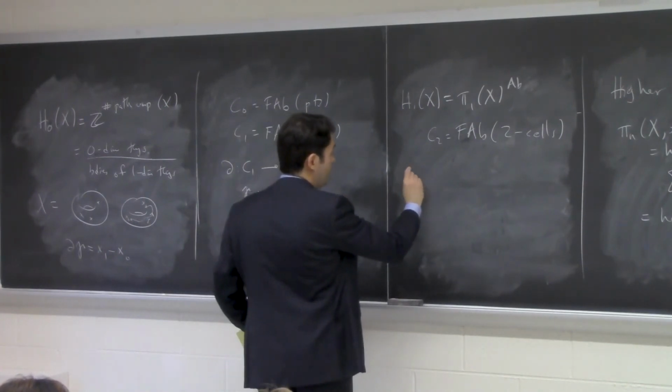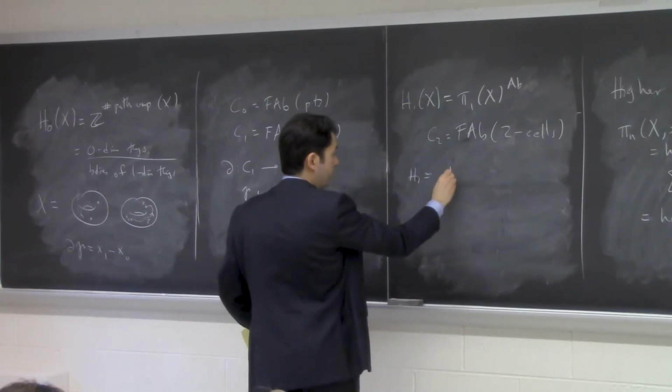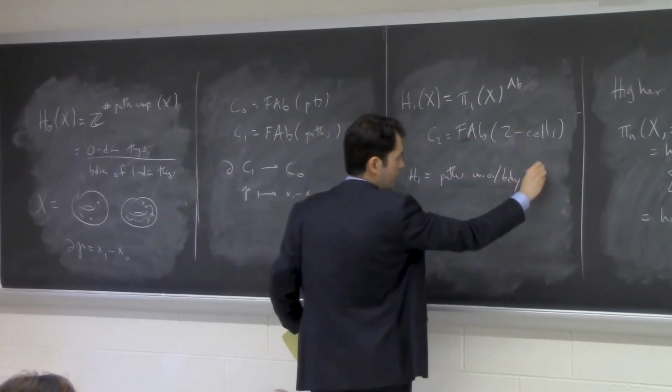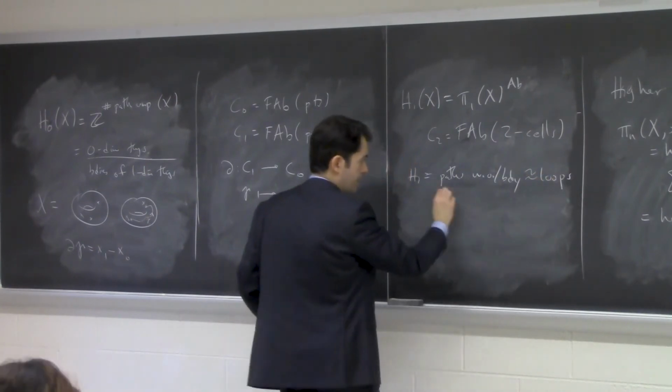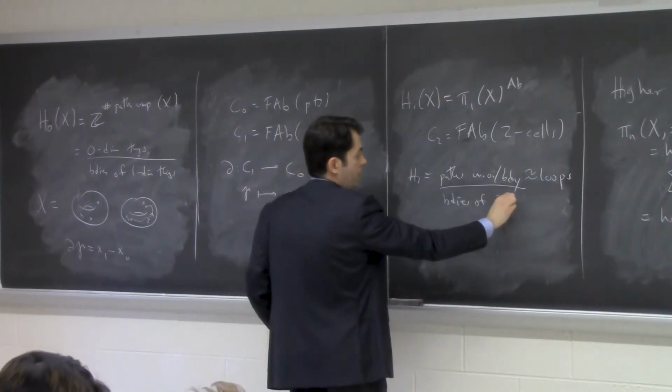So then H1 would be paths without boundary, right, which is loops. And then you mod out by the boundaries of 2-cells.